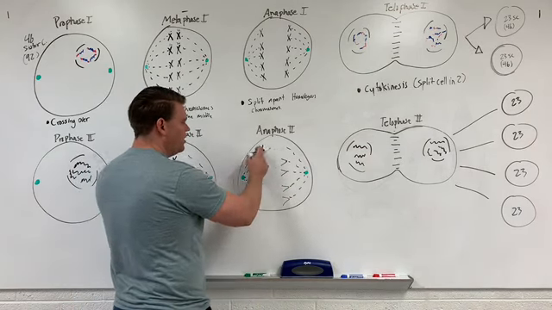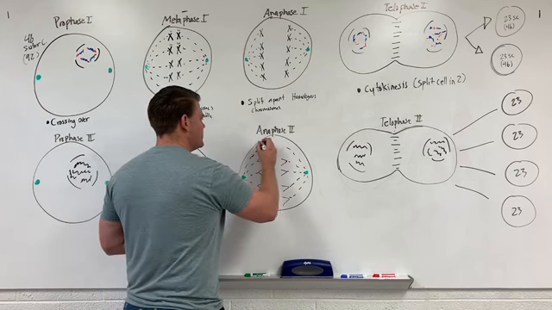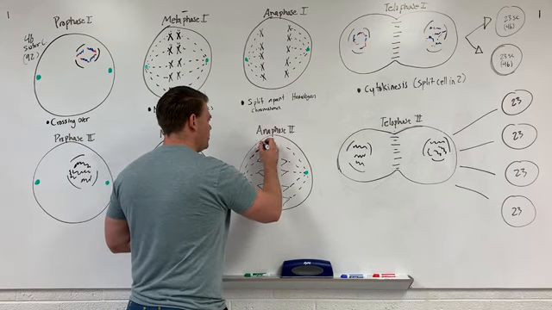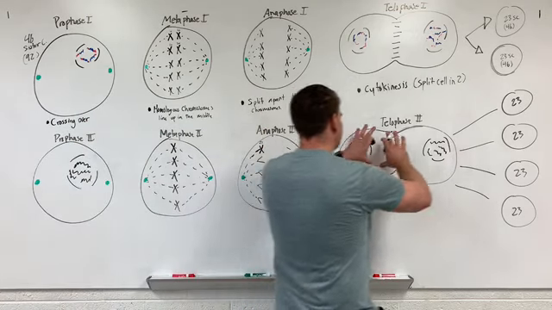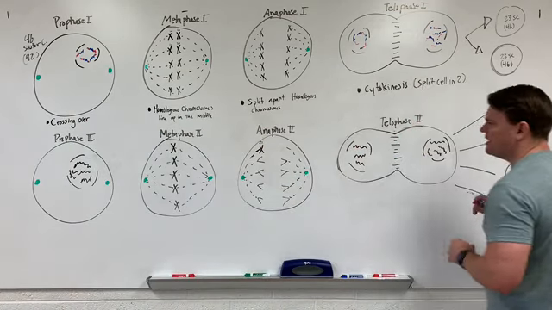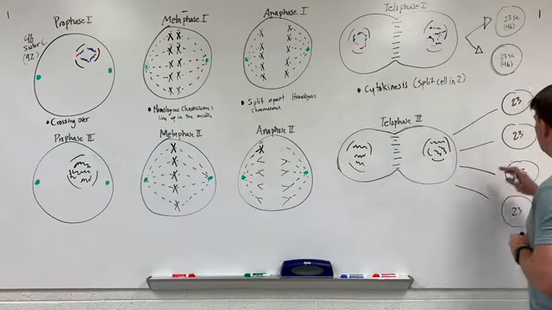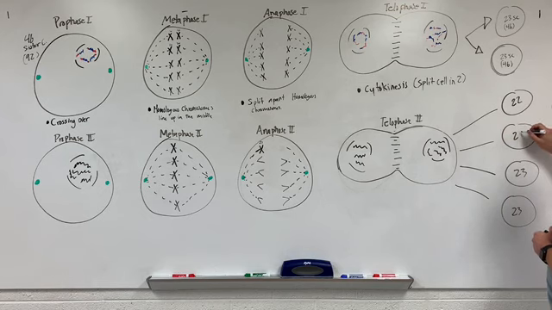All the rest of them did, but this one didn't. And let's say this is chromosome number 21. All right, so then as it splits here, what ends up happening is in one of our cells, we're going to end up with 22 chromosomes, and in the other cell, we're going to end up with 24 chromosomes.